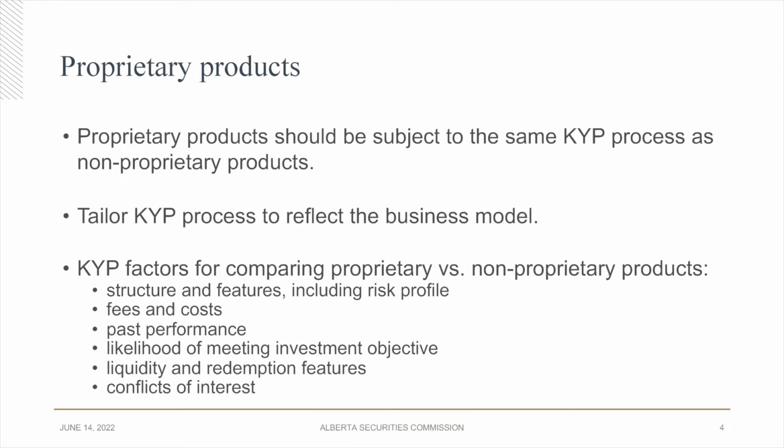For example, for a private real estate fund, we suggest that a product comparison be made with publicly traded real estate products like REITs. For pooled funds that are only available to a firm's clients, we suggest a comparison to mutual funds and exchange-traded funds. Firms should weigh the costs and benefits of the advantages and disadvantages of proprietary and non-proprietary products.